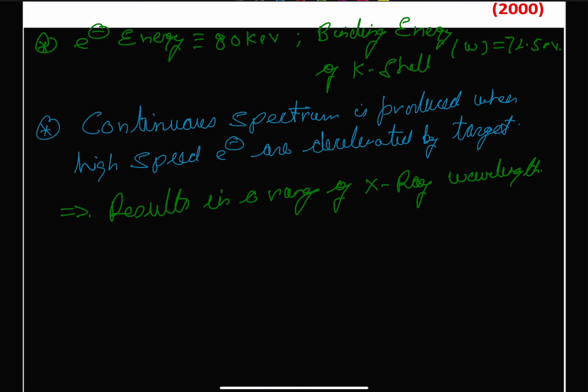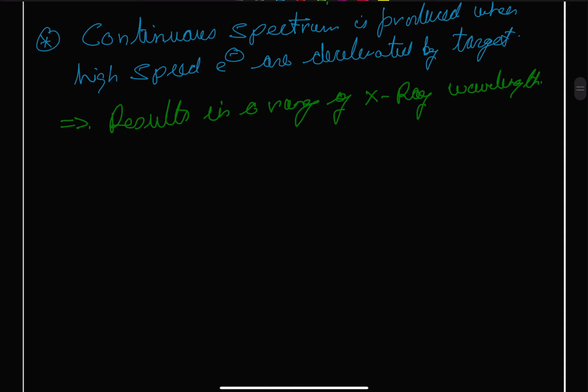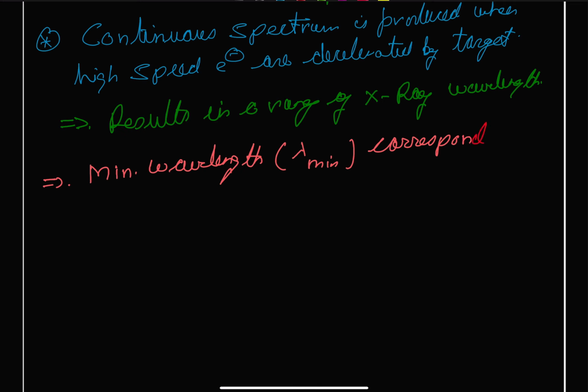And in this case, we can say that our wavelength will be minimum, corresponding to the maximum energy photon. Let us suppose we write this as lambda minimum, which corresponds to the maximum energy photon.